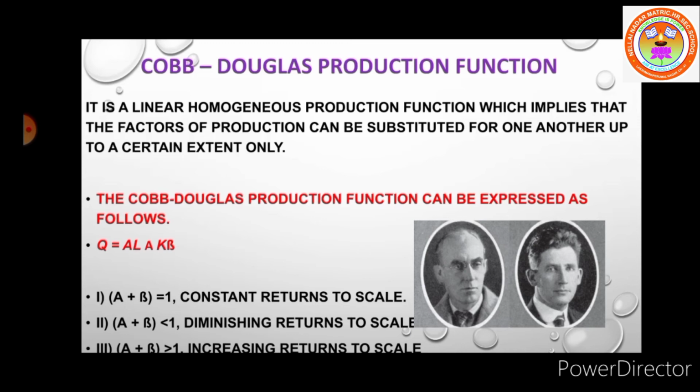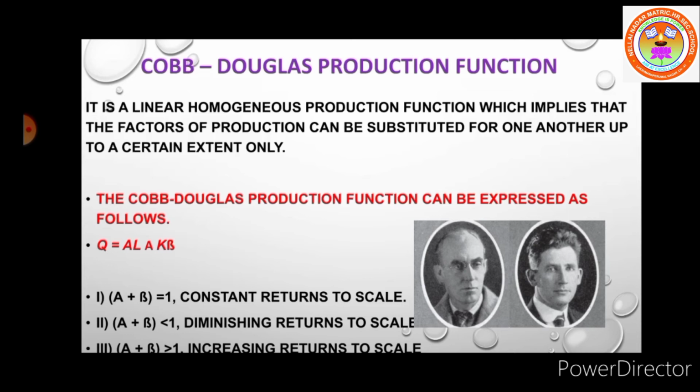The Cobb-Douglas production function is a specific standard equation applied to describe how much output can be made with the capital and labor inputs. It can be expressed as follows: Q = A L^α K^β. Q means total production, the real value of all goods produced in a year.